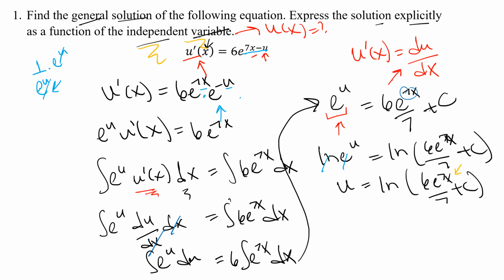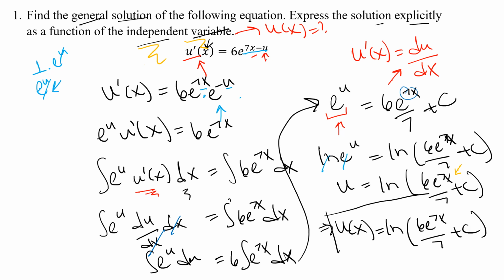So therefore, we can simply rewrite this now as a function u of x, that's our independent variable, of just simply ln of (6e^(7x)/7 + c). And there we go. So we were able to get that function explicitly as a function of x.